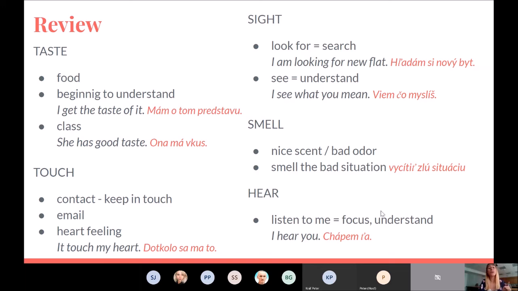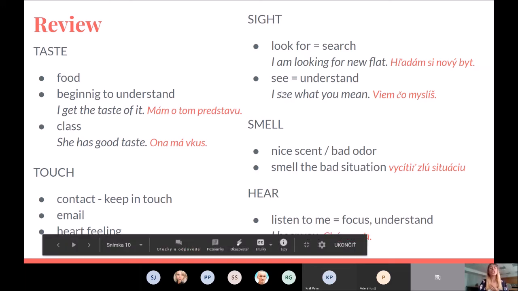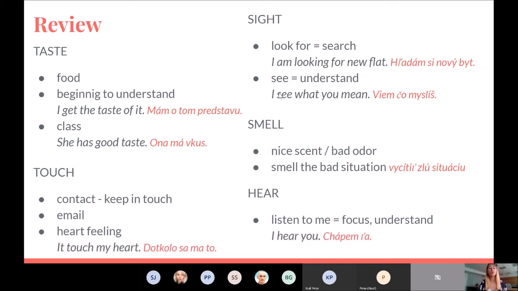And as well, if you hear the phrase, it touched my heart, so you got some emotional or heart feeling, okay? Something can touch your heart in a good way or as well in a bad way. So it's not particularly good or bad. So it can touch you. It can have some effect on you.